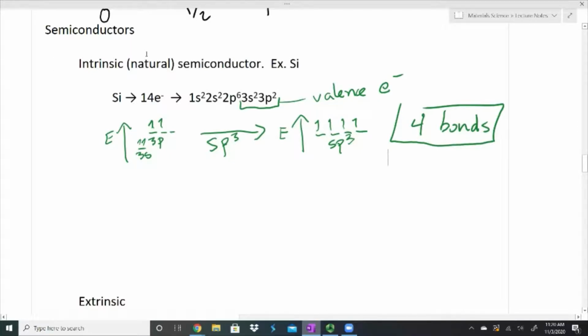And the reason for this is silicon has 4 bonds, has 4 electrons, and it's going to bond to other silicon atoms.